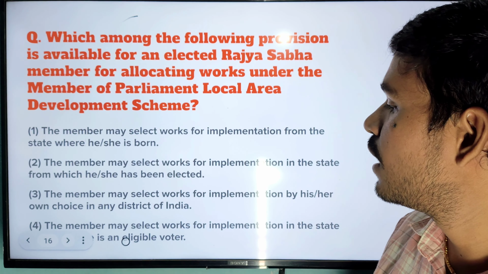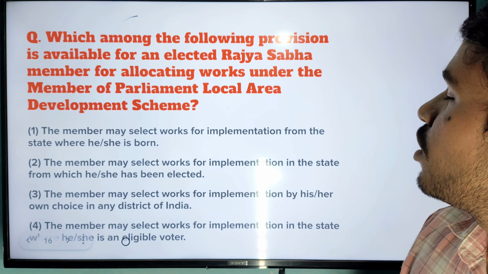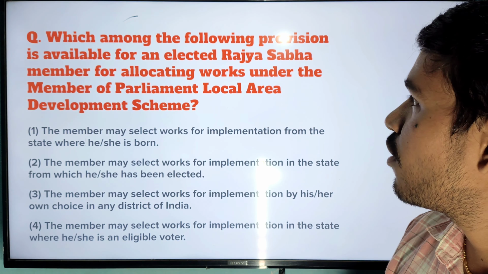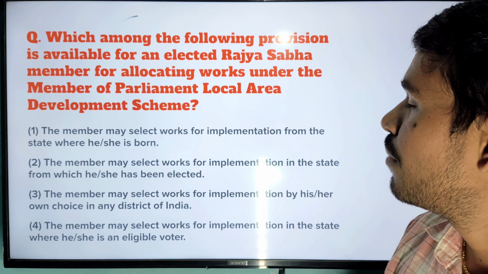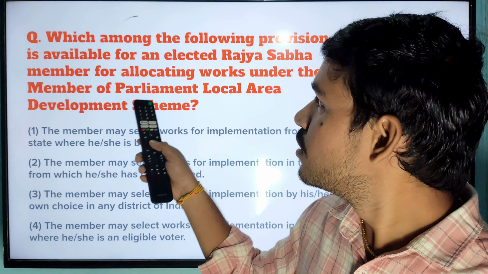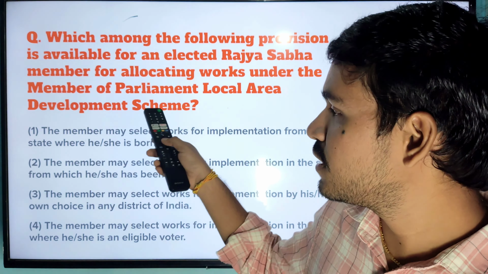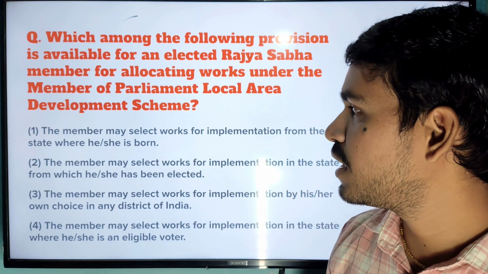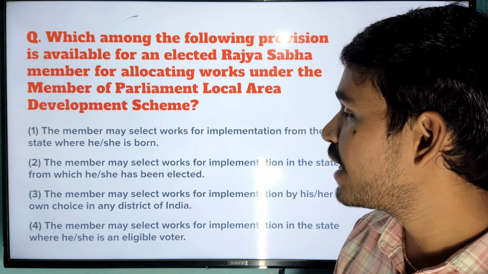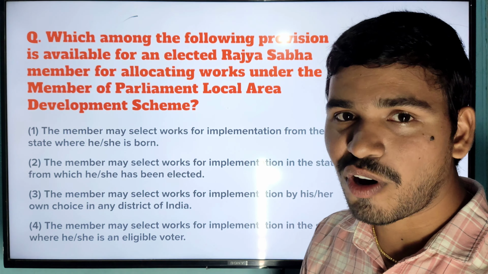Which among the following provisions is available for an elected Rajya Sabha member for allocating works under the Member of Parliament Local Area Development Scheme, MPLADS? About MPLADS, which statement is correct? First statement, the member may select works for implementation from the state where he or she is born.